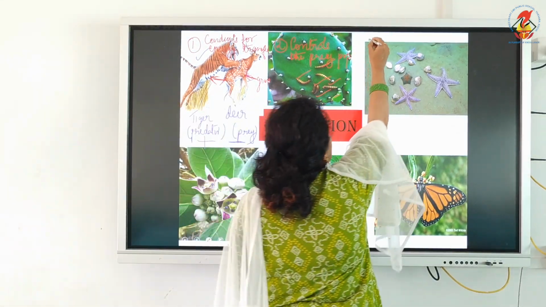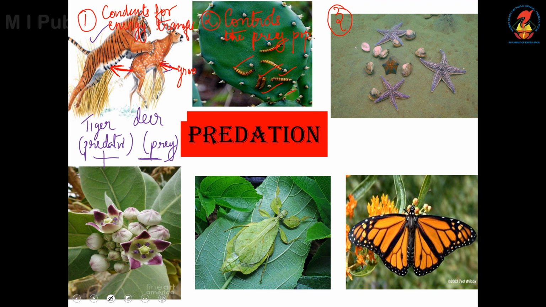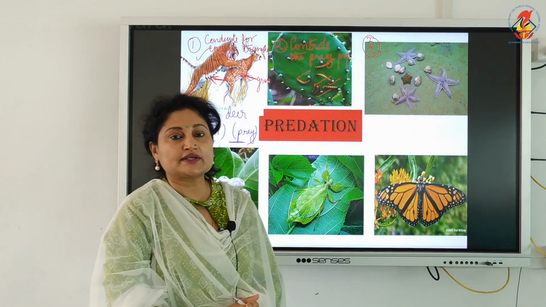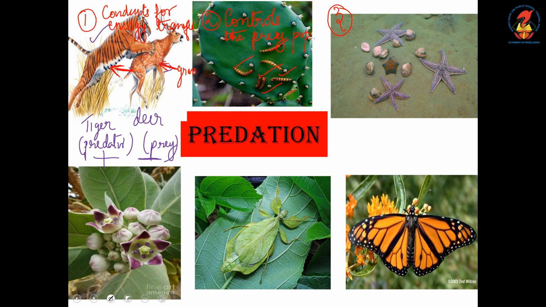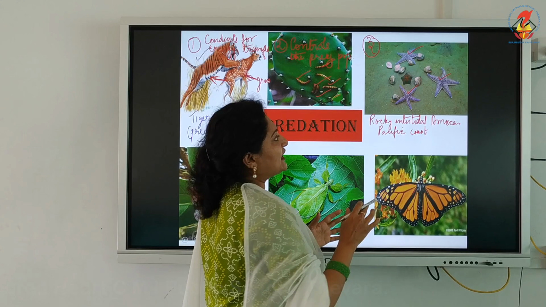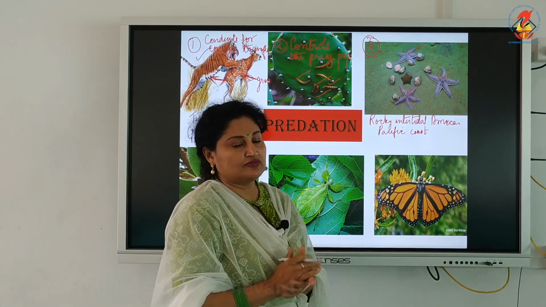Now, with the third illustration, I will give you the third advantage or role of predation in the ecosystem. This represents the rocky intertidal American Pacific coast, where there were many starfishes which were the main predators of a number of invertebrates.